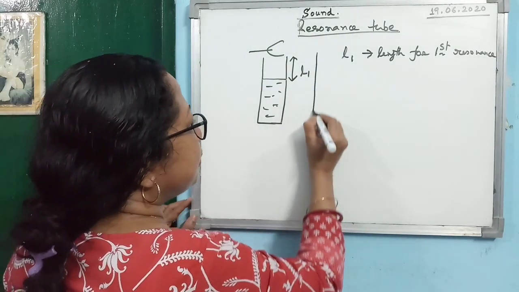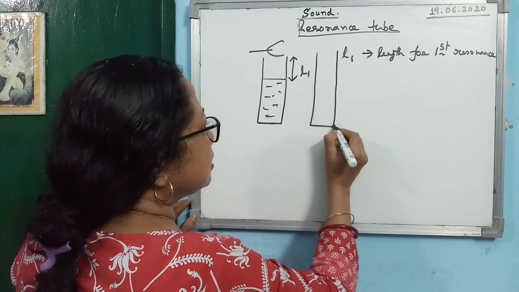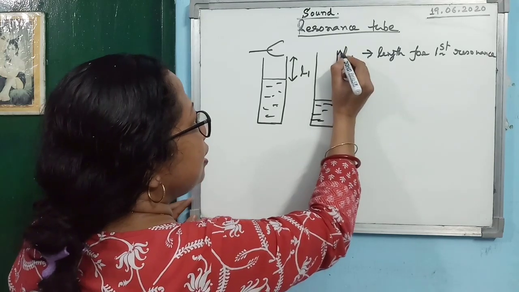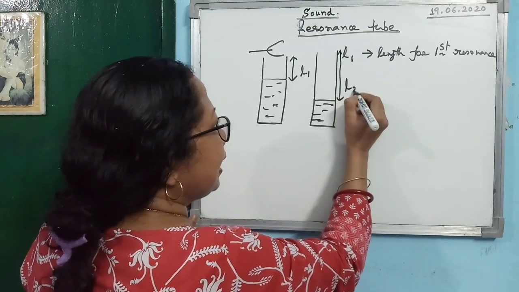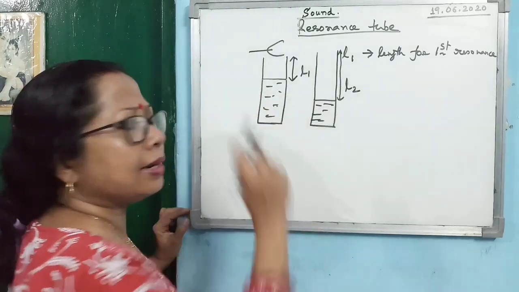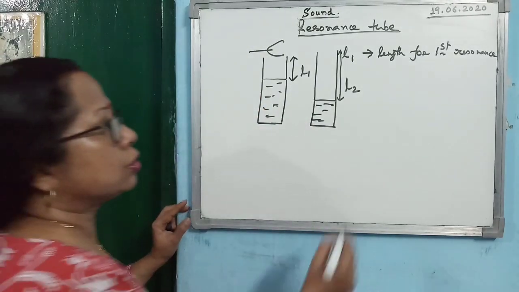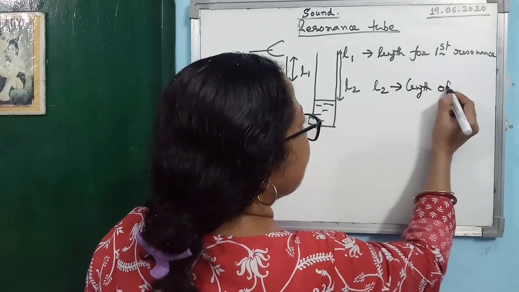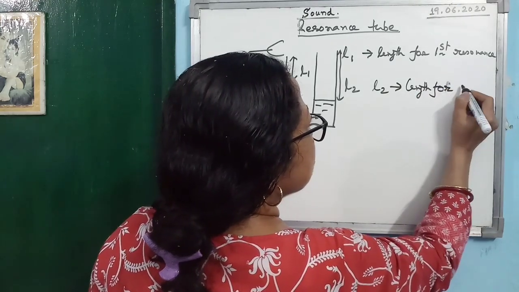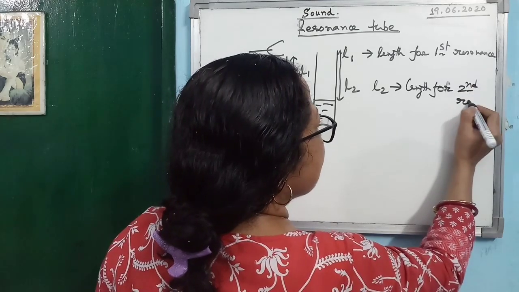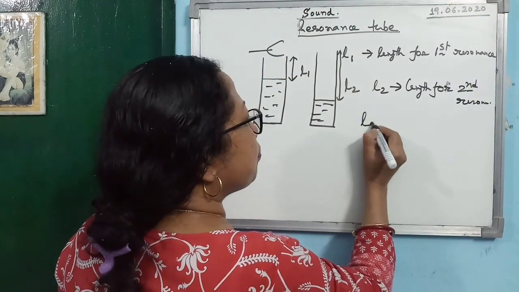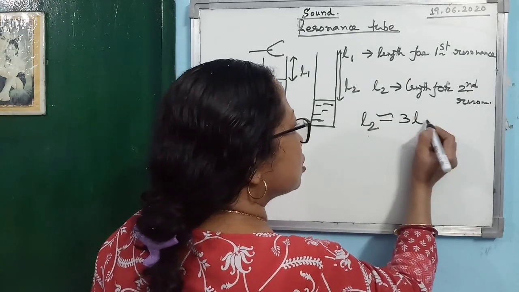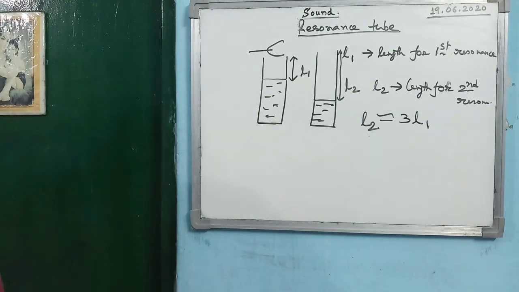Then if you decrease the water column, then for a second length of water column, again a louder sound will be produced. So L2 is the length for second resonance. Alright. L2 is the length for second resonance.